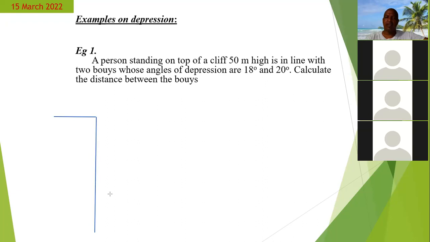So let's say that is our cliff. Now on top of the cliff, you have a person. All right, so let me just draw the person and then Mr. Lamar will continue to walk me through this.